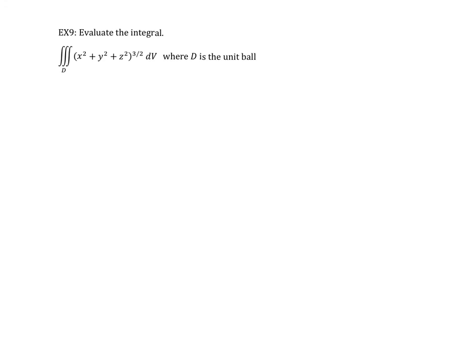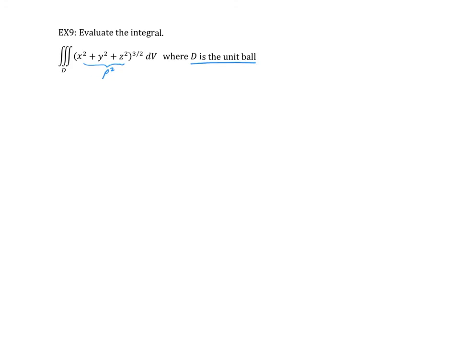Let's go ahead and evaluate a triple integral using spherical coordinates. The first thing I see is that x squared plus y squared plus z squared is simply rho squared. So rho squared to the 3/2 is just rho to the 3rd. My region D is the unit ball.